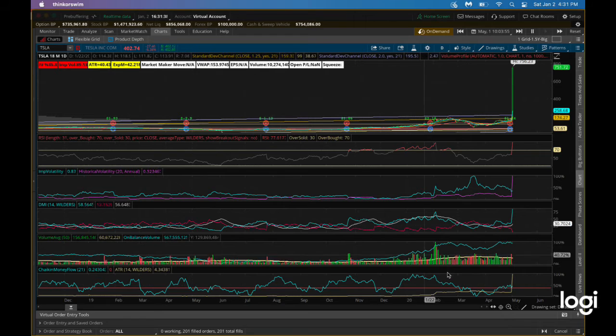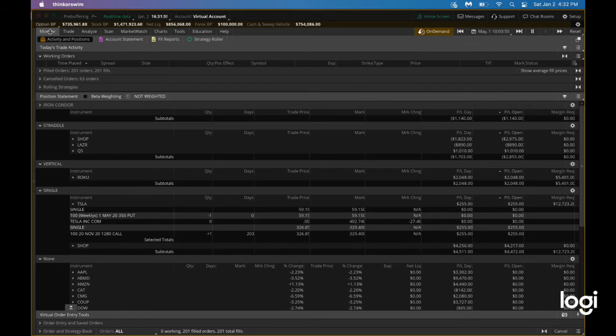Stock is also increasing from a volume perspective. On balance volume is going up, and from a Chaikin money flow perspective, money is flowing into the stock right now, which is telling us the stock is becoming a little more bullish. So that's a good time to take some profit because we sold a put option.